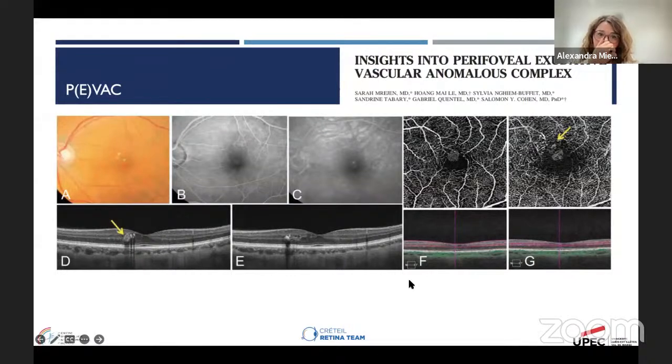And this is another example of PVAC from an article of Salomon Cohen and Sarah Mrejen, in which you can very nicely see what OCT angiography can bring to the detection of this perifoveal exudative vascular anomalous complex. And you can see that here in the deep capillary plexus, we have this high flow lesion corresponding to the aneurysmal PVAC lesion that we can very nicely see on OCT.